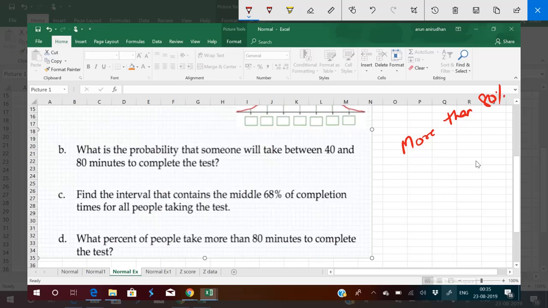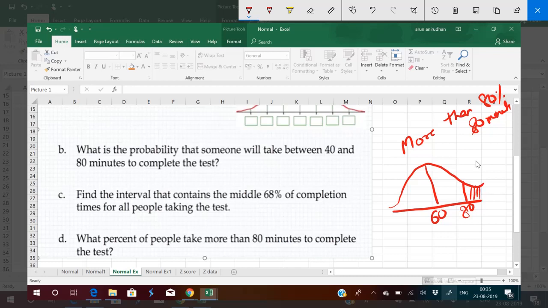suppose I am drawing the normal distribution. So here comes 80 minutes. So we want the value to the right of 80.